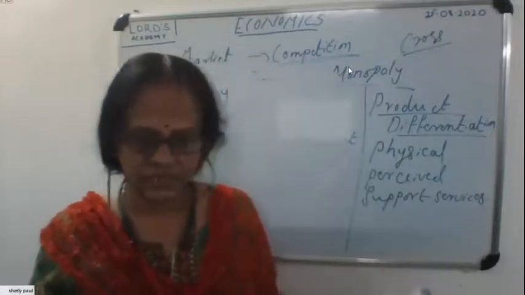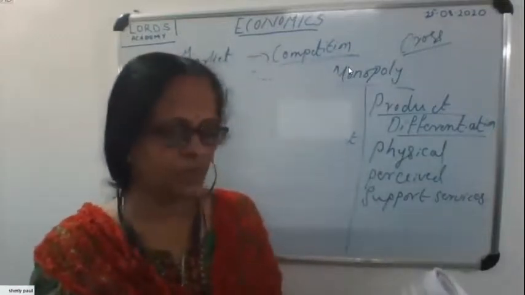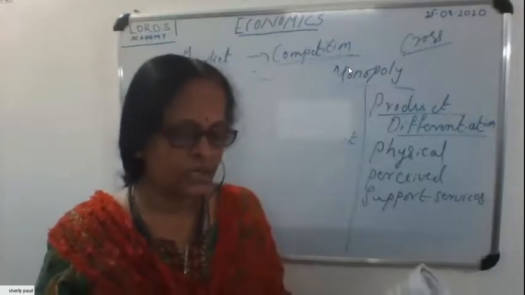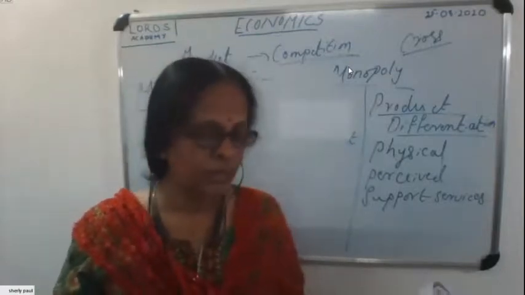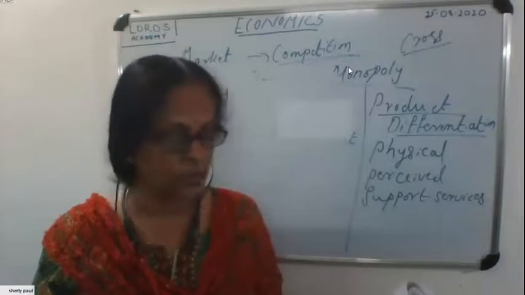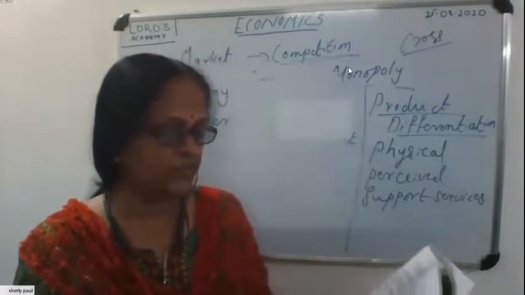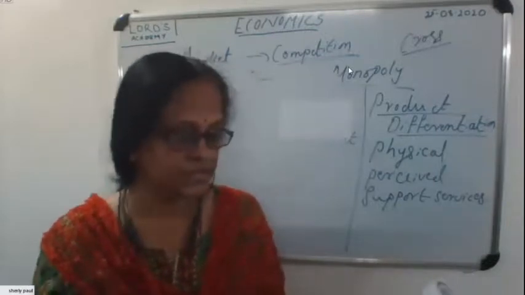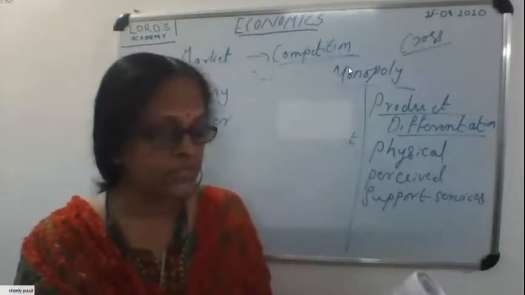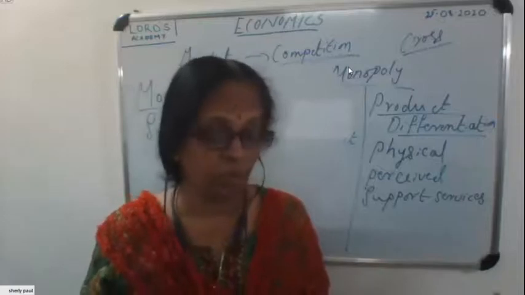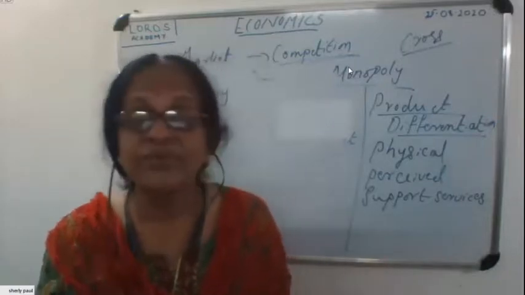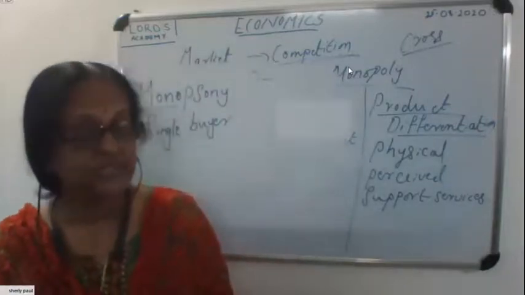It is from the Greek language: mono stands for single and sony stands for buyer. What does it mean? One who demands goods and services, that is the buyer, so a single buyer. Now the main features; see the second paragraph. Mr. Joan Robinson used the term monopsony to refer to a market in which there is a single buyer.